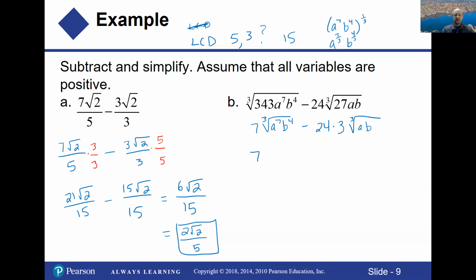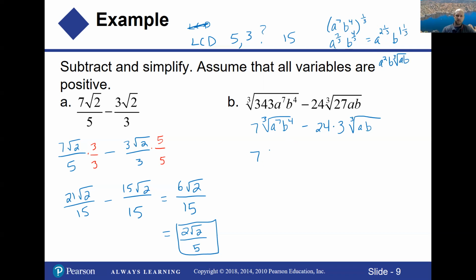What does that mean? That means I can take 2 of these a's out, because this is the same thing as a to the 2 1/3. This is b to the 1 1/3. I'll show you another way to think about it. But essentially, this is going to become a squared b times the cube root of ab.